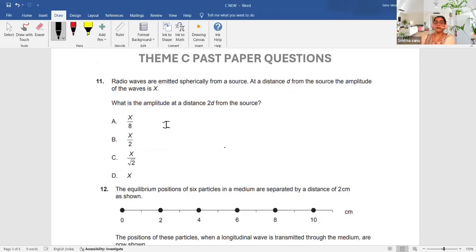Intensity is directly proportional to the square of amplitude. So in this case, it is square of x. We also know that intensity is inversely proportional to the distance of the spherical wavefront.